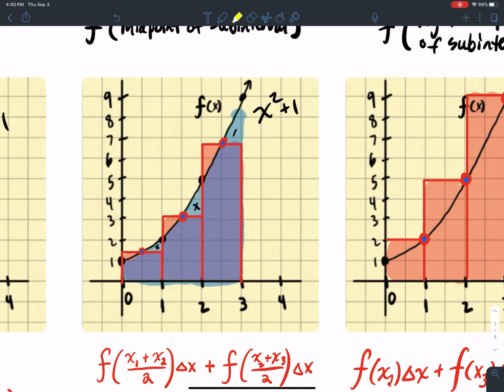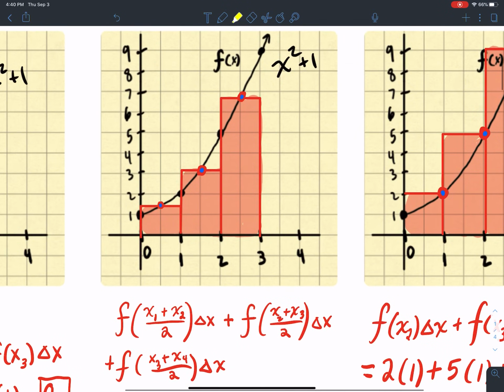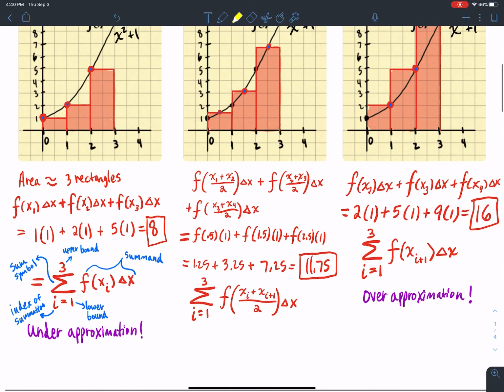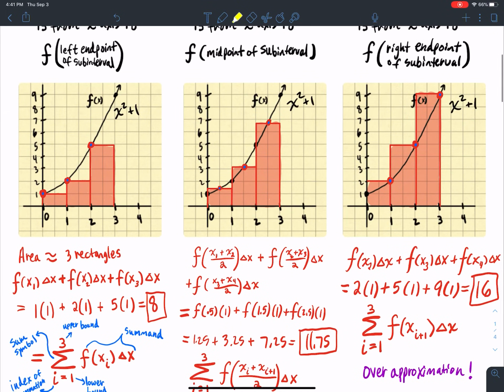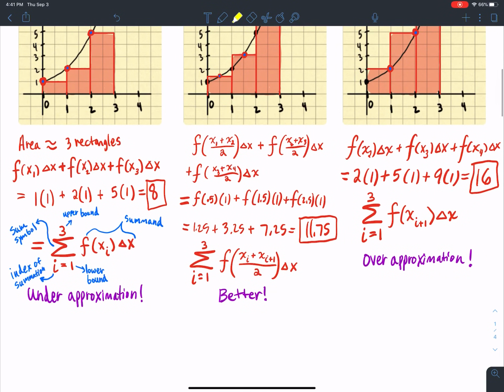So the midpoint approximation is actually a better approximation than the under approximation of the left-hand endpoint and the over approximation of the right-hand endpoint for increasing functions. Remember, x squared plus 1 is an increasing function. If this were decreasing, it would literally be the opposite.